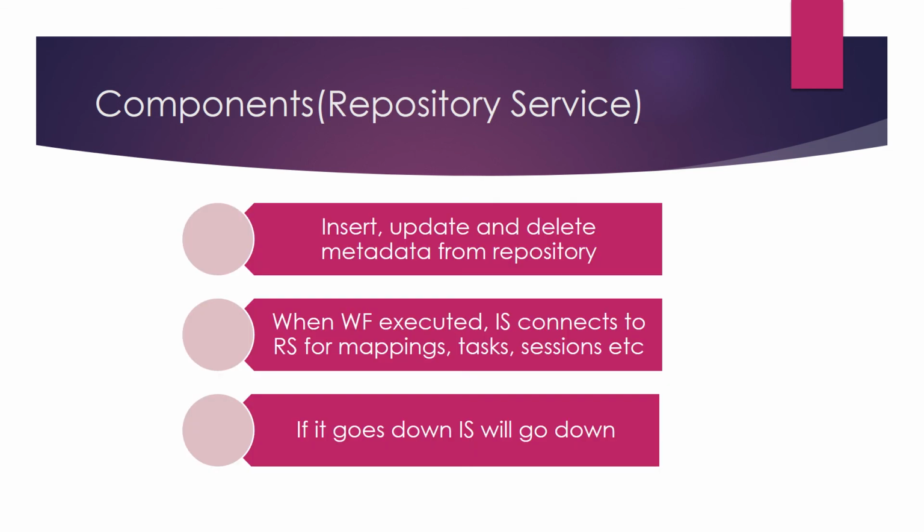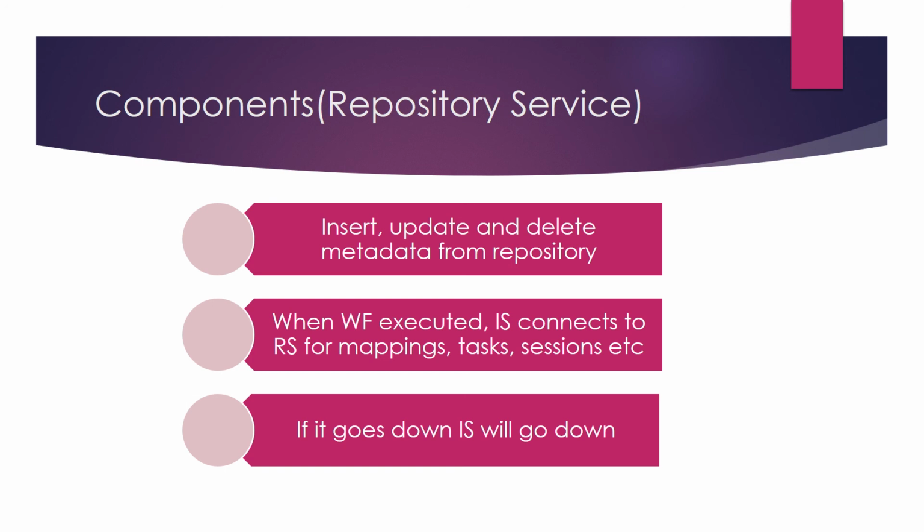The next is the repository service. Basically, the repository service is dependent on the integration service. The repository service is used to manage your repository. In your workflow, you have sources, sessions, tasks, transformations, targets. All the information about these things is managed by the repository service.